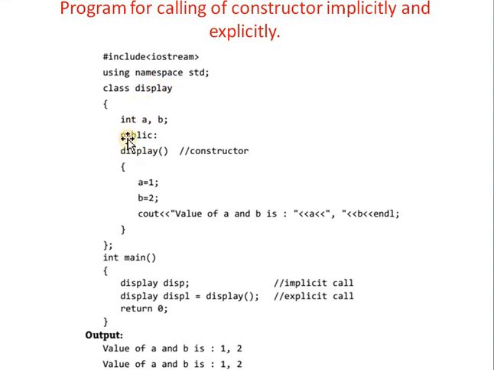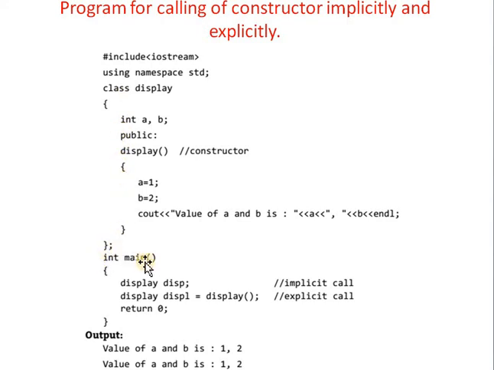In the constructor, the values are assigned to the A and B variables. A has the value 1 and B has the value 2, and the values get displayed by using the output statement cout. Here the constructor is declared and defined.